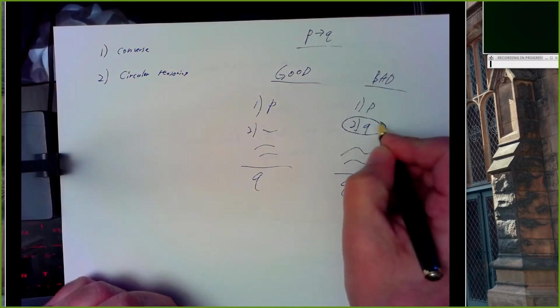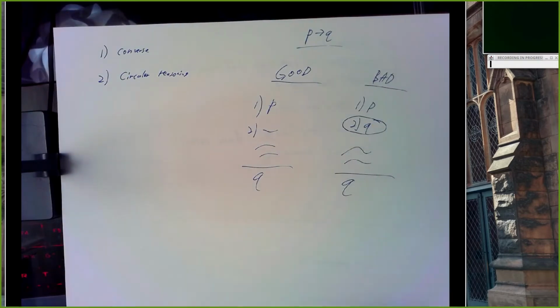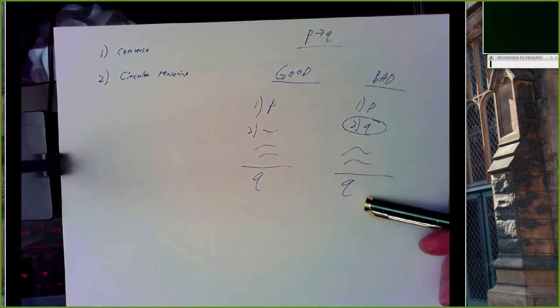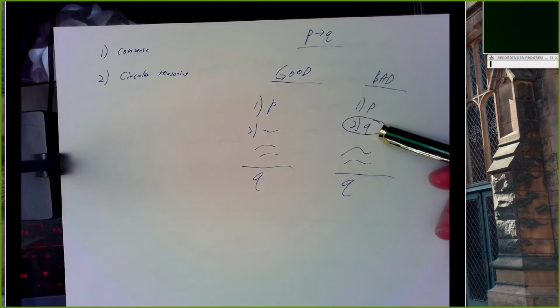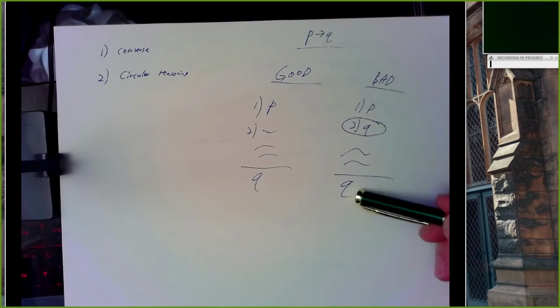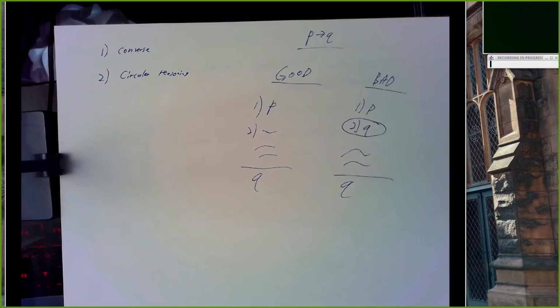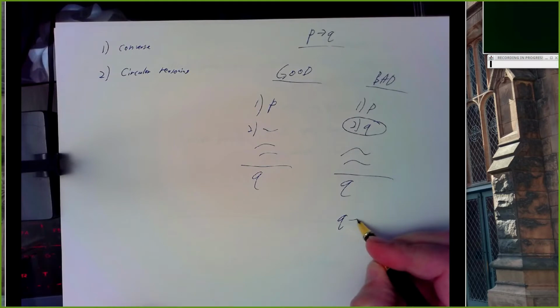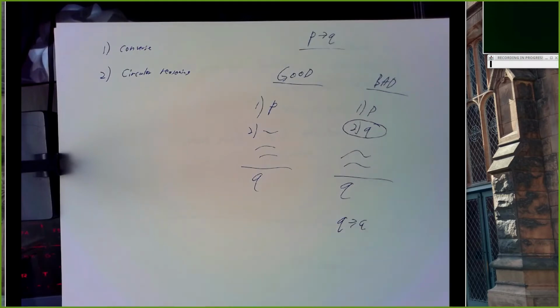Right here, you assumed Q was true. And as long as you understand that everything after this is only true if Q is true, right? But in the end, what does this proof show? It shows if Q is true, then Q is true. And that is a correct statement. We know that, if Q is true, Q is true. But that doesn't mean Q is true.